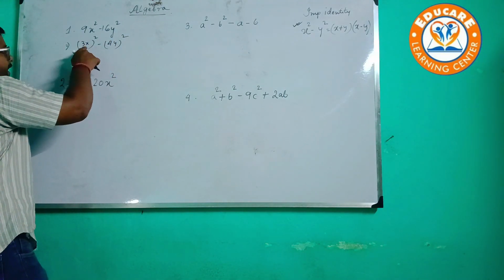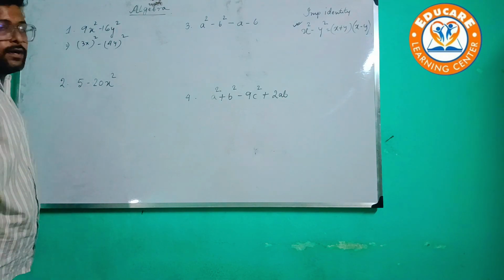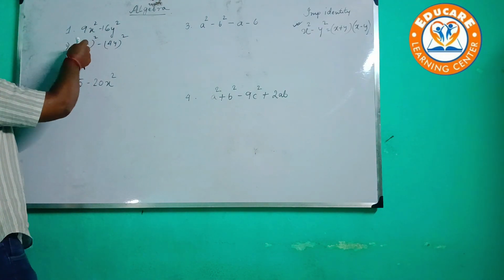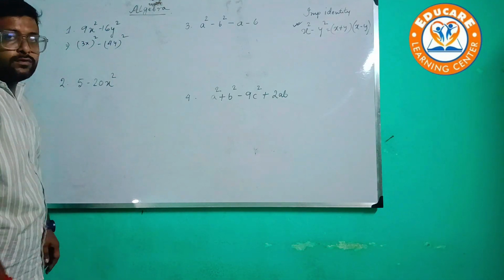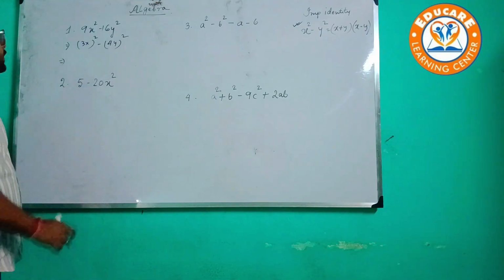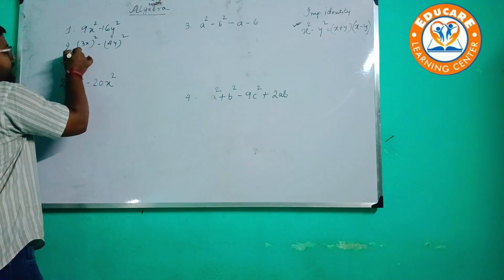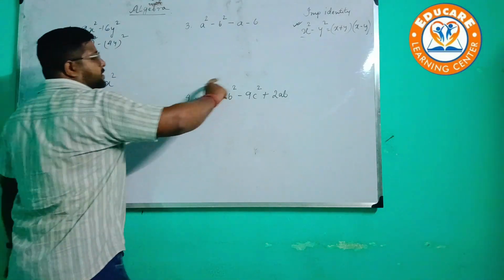3 3s are 9 and x into x is x square. 4 4s are 16 and y into y is y square. So we are writing 9x square as 3x whole square and 16y square as 4y whole square. Now let's see a square minus b square. Let's consider this entire term as x and this entire term as y.